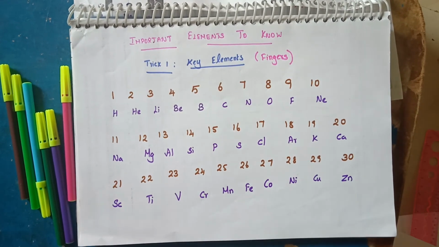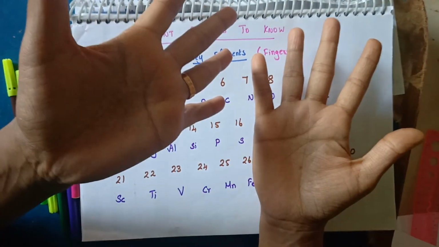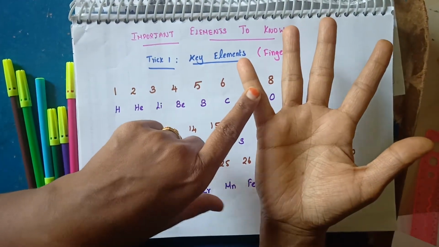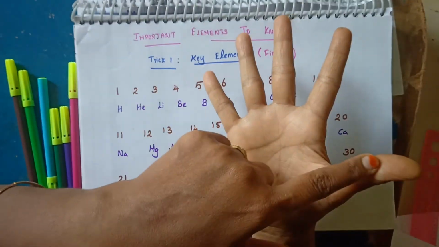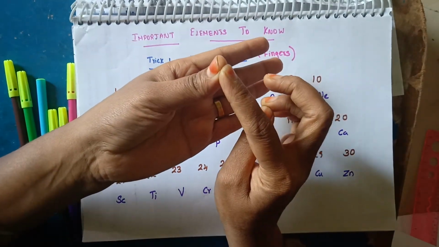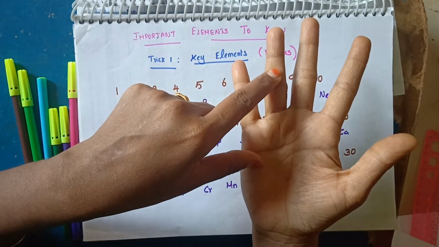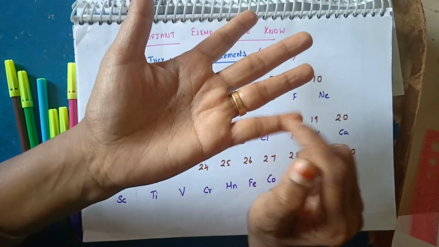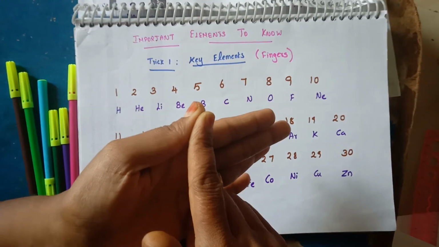The same way you can use your fingers. 1 to 10 is over, 11 to 20 is over. Next we start with 21, 22, 23, 24, 25, 26, 27, 28, 29 and 30. Now memorize the elements here: scandium, titanium, vanadium, chromium, manganese, iron, cobalt, nickel, copper and zinc.